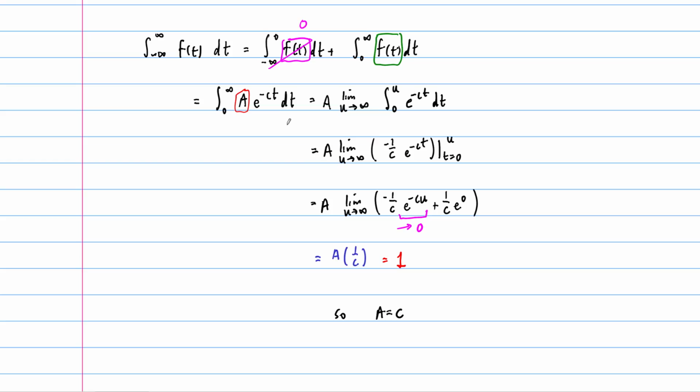And so the answer is our probability density function is now given by f of t equal to 0 when t is negative, and c e to the minus ct when t is greater than or equal to 0. And remember, c can be any positive number here.